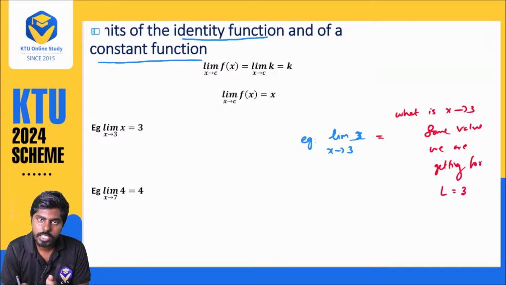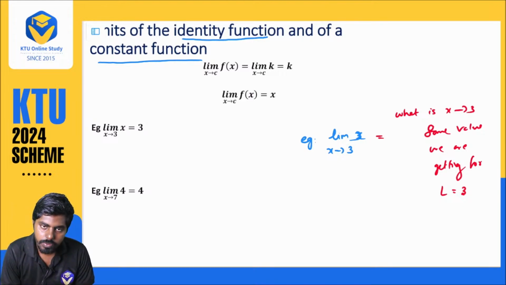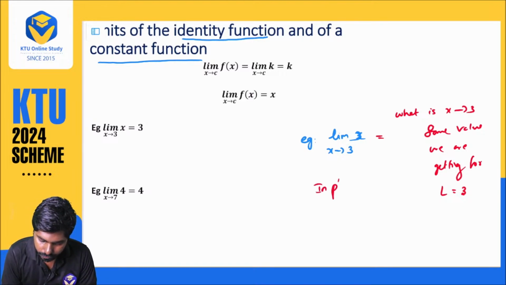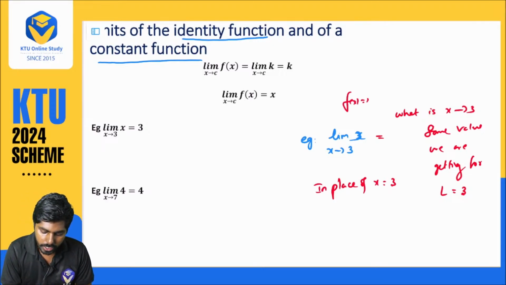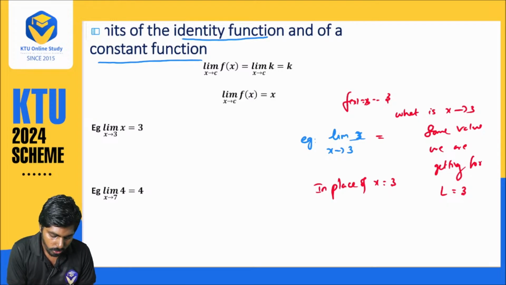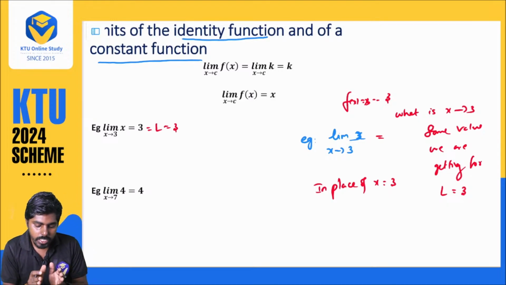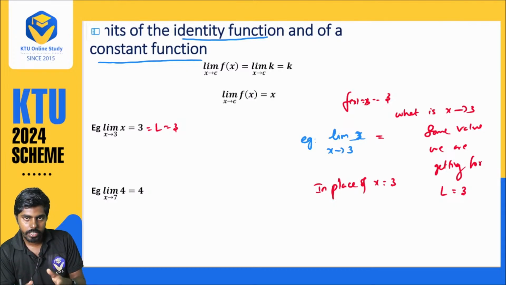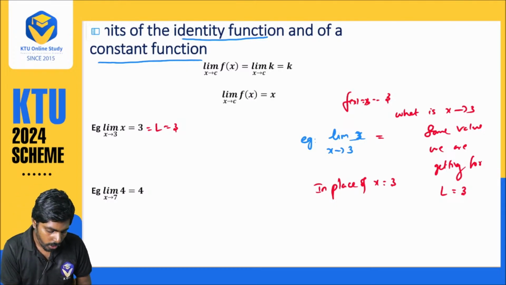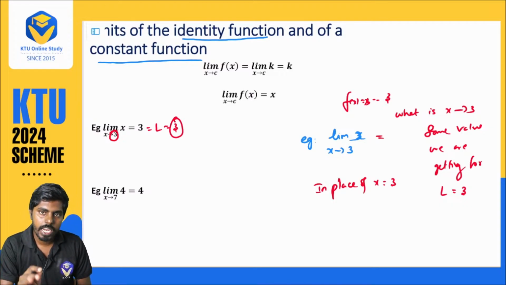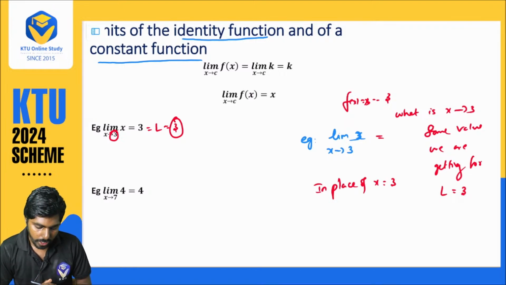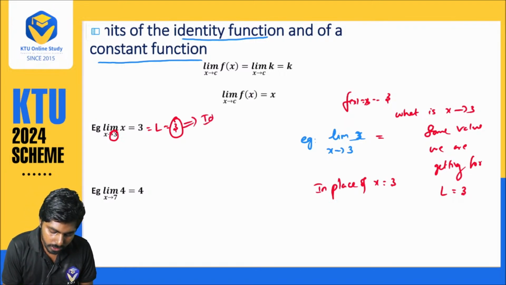In place of x I am substituting 3. So the limit as x approaches 3, when f of x is equal to x, is nothing but 3. So L equals 3. This is the identity function, where the same value is obtained.